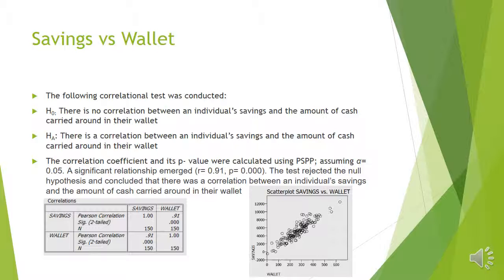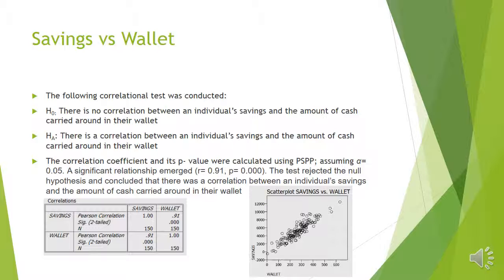From our statistical tests, we found that our correlation coefficient was 0.91 with a p-value of 0.000, again rejecting our null hypothesis and concluding that there was a correlation between an individual's savings and the amount of cash carried around in their wallet.